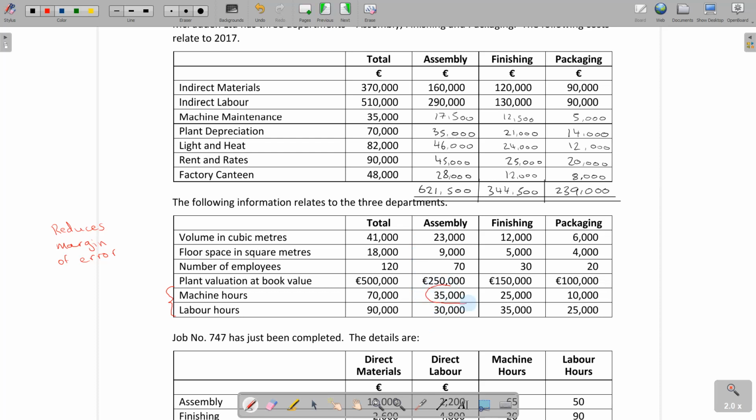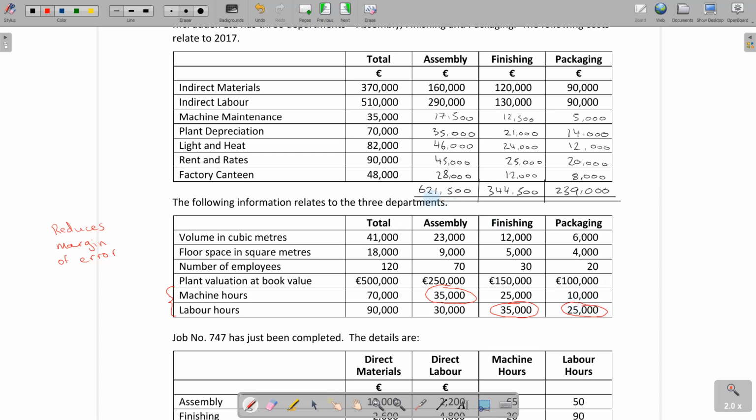Well, machine hours is 5,000 more than labor hours. So we want to make the smallest rate. So if you have 621,500 and divide it by 35,000, you'll get a smaller number than if you divide that by 30,000. And we always want to go with the smallest number as a rate because it will reduce our margin of error. Now, when we go to finishing, 35,000 is bigger than 25,000, and the same with packaging.